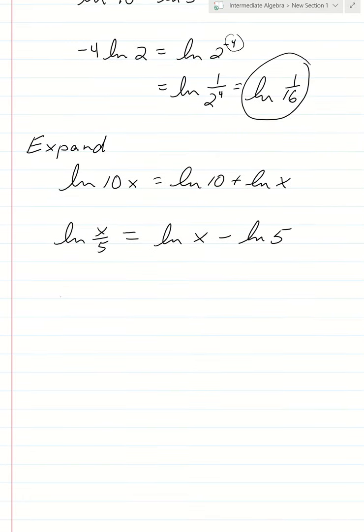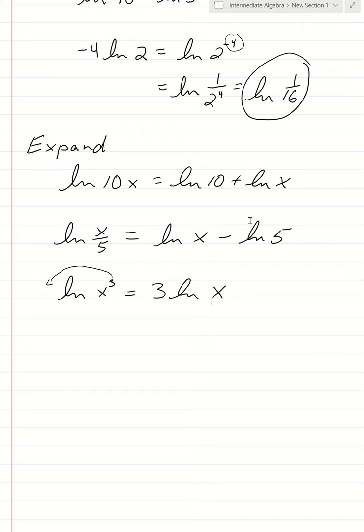If we had, let's say, the natural log of x to the 3rd power, well, we could expand that as well, because your power can be brought out into the front, and we would write that as 3 times the natural log of x. Okay?